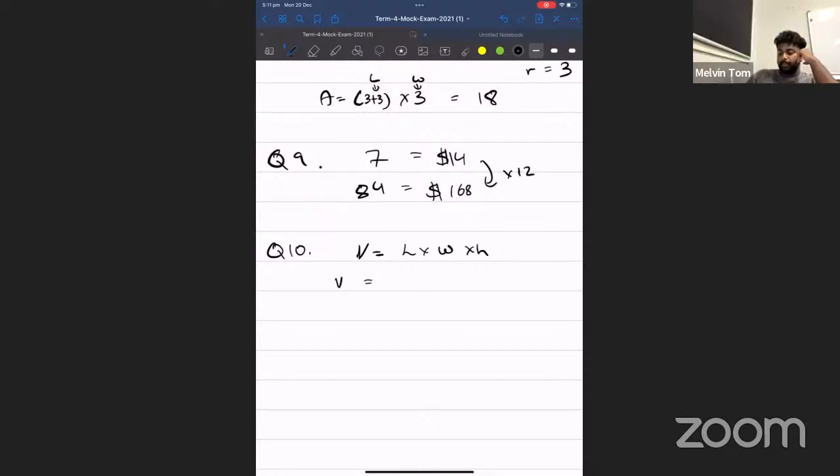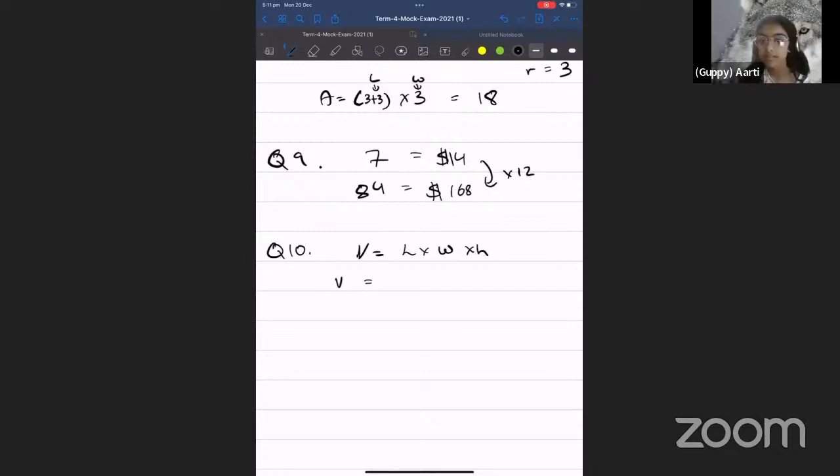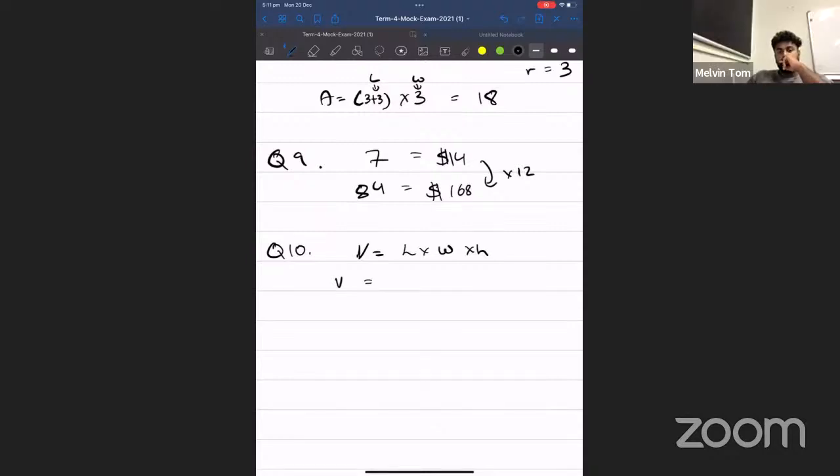So in the first box, if the ratio is 1, 2, and 3, what are simple numbers that we can use to find the volume? Imagine you have a rectangle where the length and the width are in the ratio of 1 and 2.